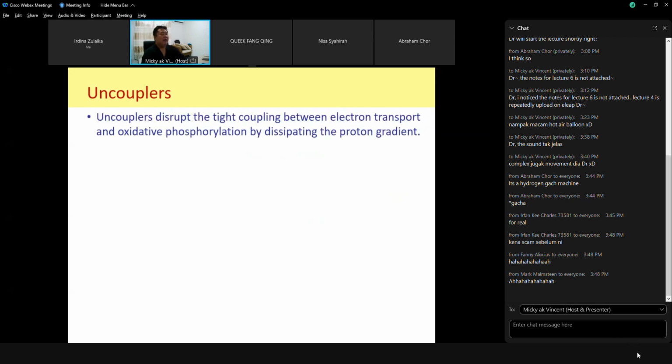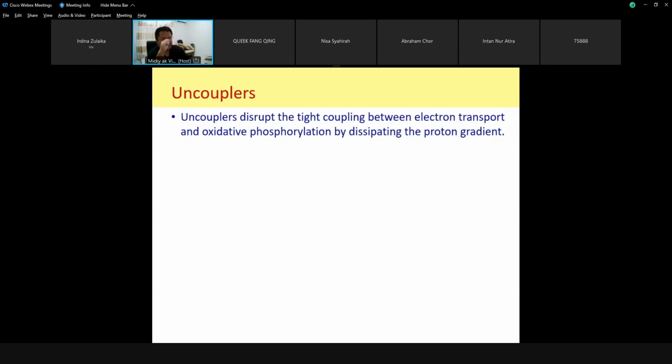Now remember when we first started the lecture today, it said the chemiosmotic process is coupled, meaning the ETC is coupled with oxidative phosphorylation. That is the normal case. However, sometimes uncoupling can happen. Normally one process brings H out, and then another process brings H in. Sometimes this does not happen.